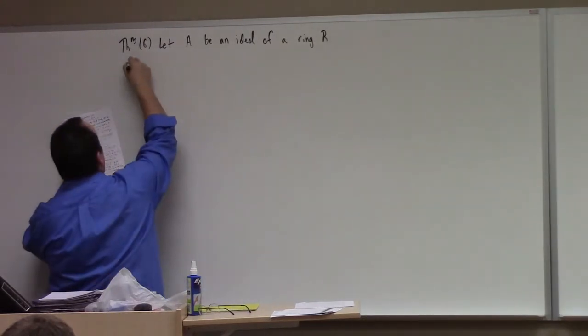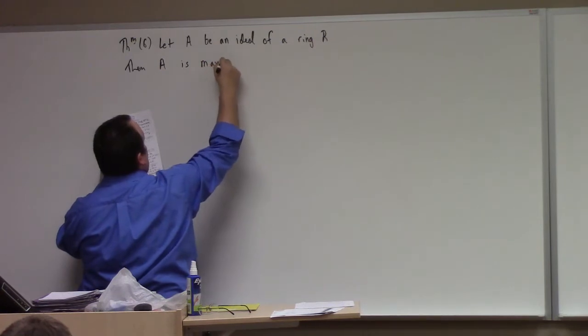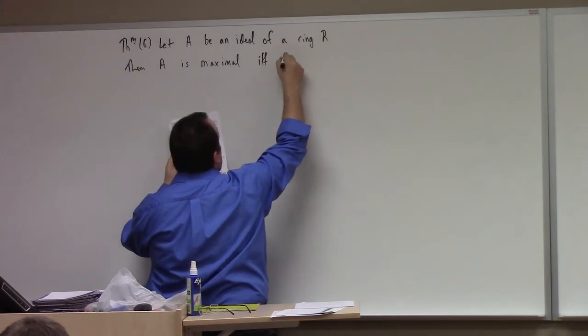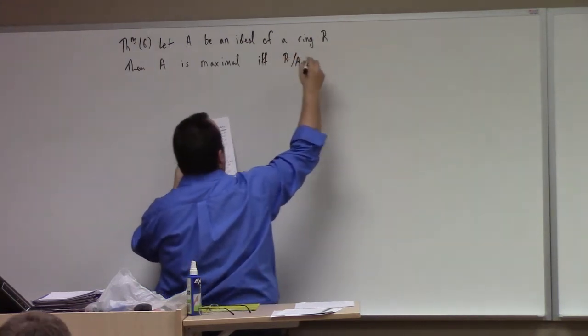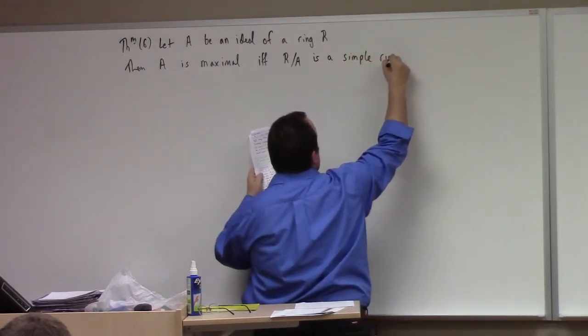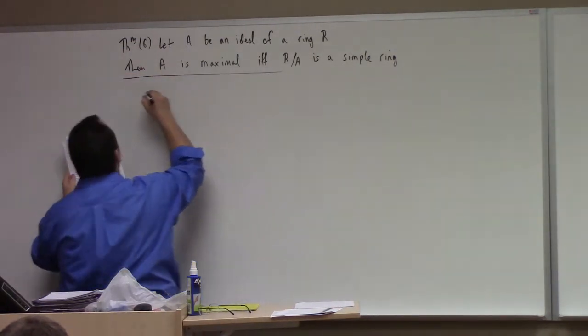Let A be an ideal of a ring R. Then A is maximal if and only if the factor ring R by A is a simple ring. All right. So proof.